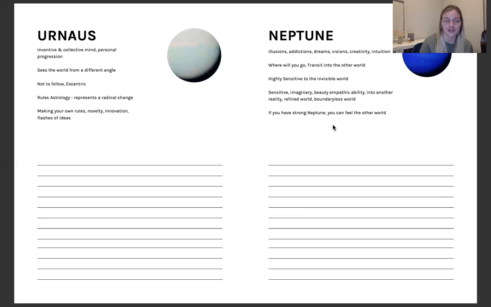It's how you're going to change things, or how a generation, in a gap of 6 or 7 years, is going to change things. It's an area where you do not want to follow. It might be a little eccentric. You want to make your own rules, innovate something. It's like you don't want any part in what is going on.